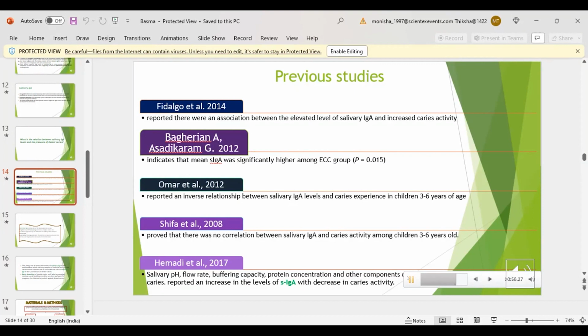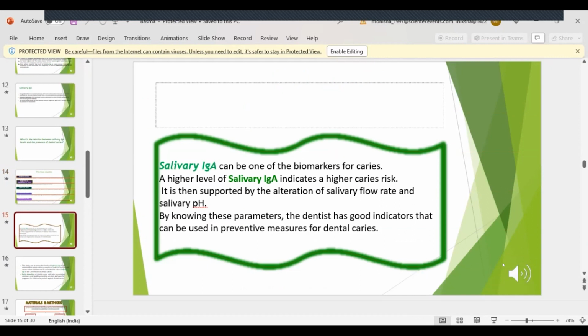Others mentioned that salivary pH, flow rate, buffering capacity, protein concentration, and other factors in the saliva may impact the incidence of caries, reporting an increase in the level of salivary IgA with decrease in caries activity. So, the salivary IgA can be one of the biomarkers for caries.